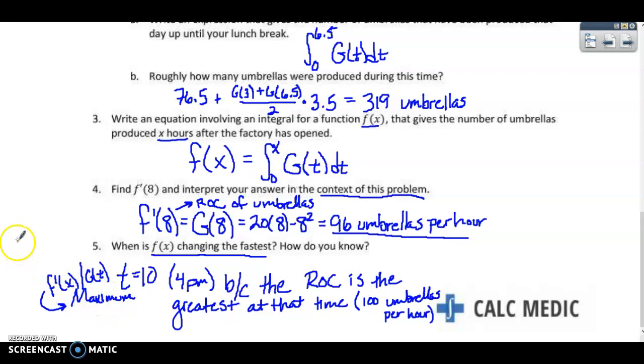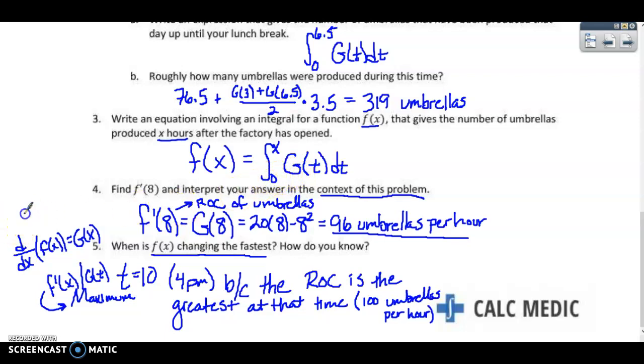Okay? And keep in mind that the derivative of f of x is g of t. Or better yet, g of x. Don't let all this confuse you, but f of x is the integral from 0 to x of g of t. When we take the derivative of both sides of this, not only are we getting f prime of x, but we're getting g of whatever that x value is, or whatever that t value is.